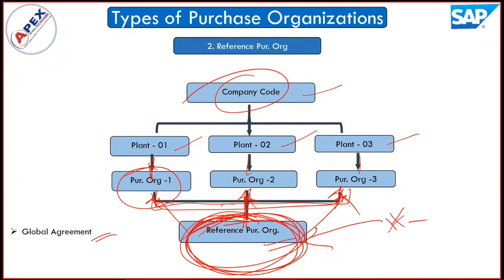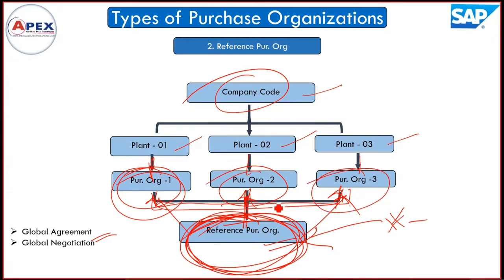Okay, fine. So why do we need it? If a vendor has to negotiate something, it would be hectic and time consuming for the vendor to communicate with each purchasing organization.